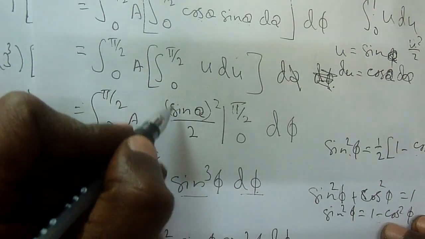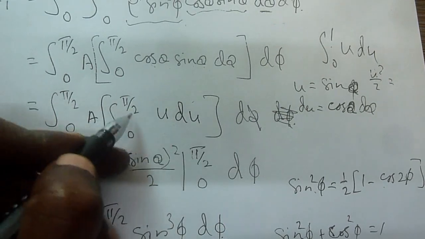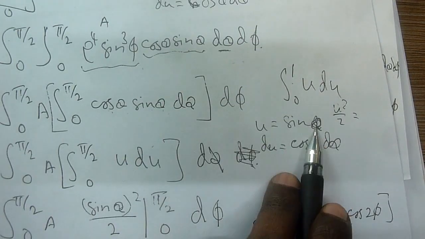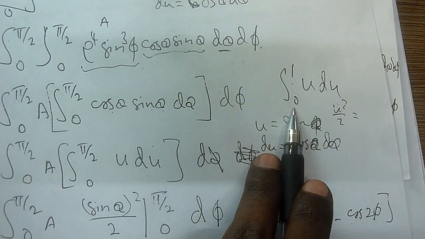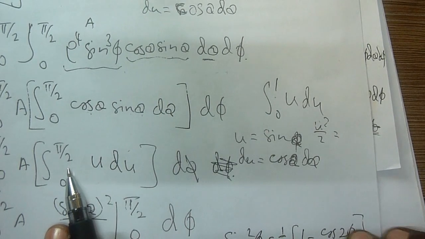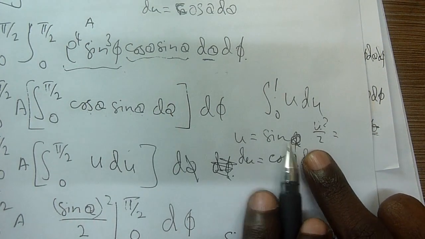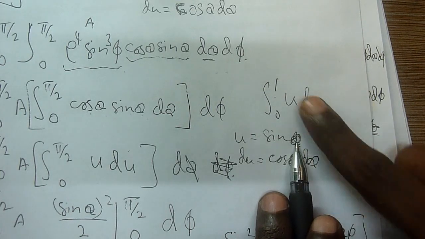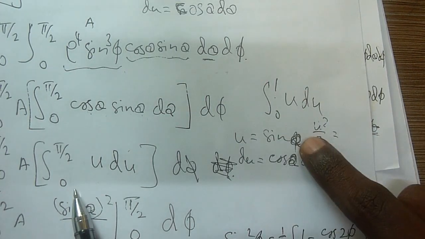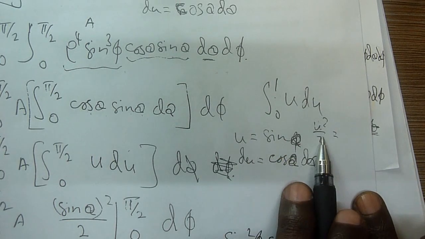I know I'm doing redundant work. Some students say, sir, very fast, I can do it this way. I can enter here straight away 1, 0. But you need to remember, you need to convert this. When you substitute here for the u, for pi over 2 you get 1, and for 0 you substitute, you will get 0. Then only you can start working on that.